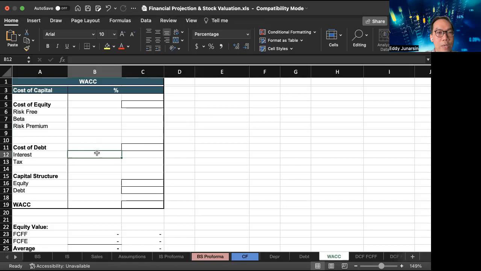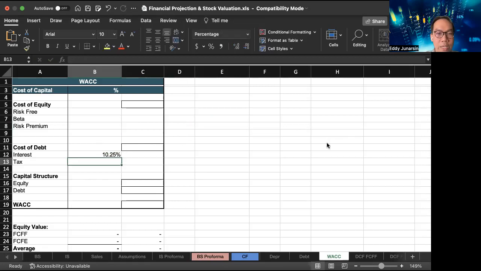So let's imagine here cost of debt. If you are going to borrow money from a bank, or if you're going to issue a new series of bond to finance a project or finance a company, let's say it's, I don't know, maybe right now say 10.25%.